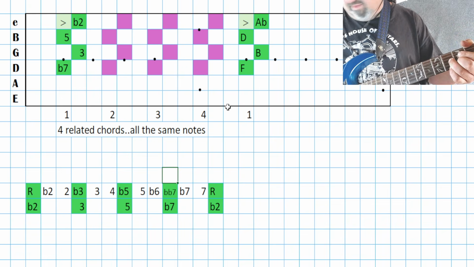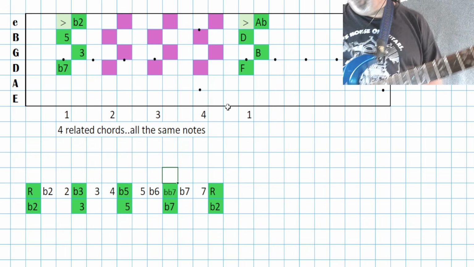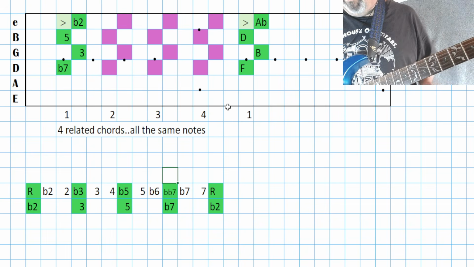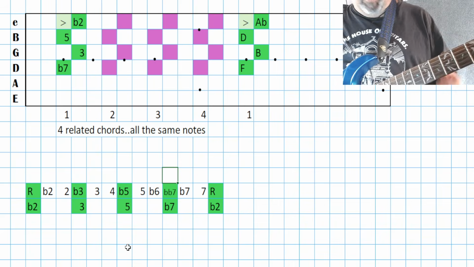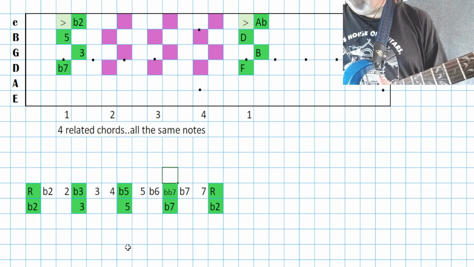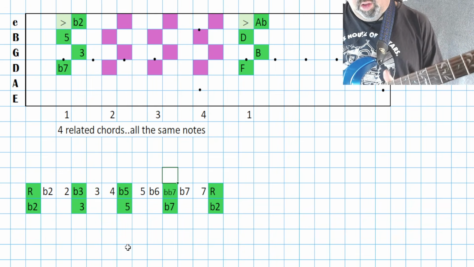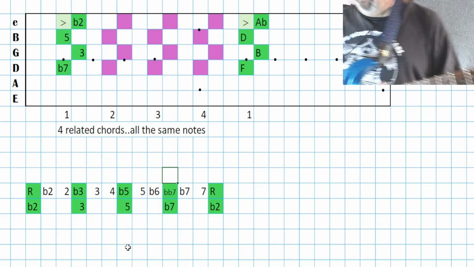So what that means is, you may have already noticed that as the diminished pattern that you hear in the old black and white Train Tracks movie soundtrack, suspense, whatever.